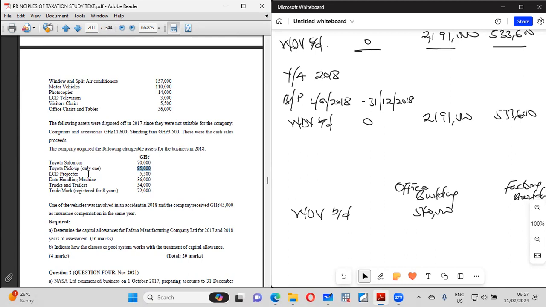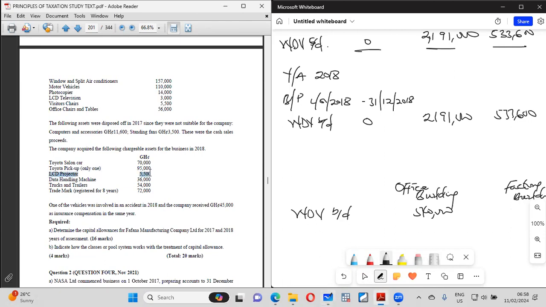So this 95, we will limit it to only 75,000. All right. So when you finish doing your calculation, write some notes. The Toyota was limited to 75,000 as per paragraph 3, subparagraph 4 of the third schedule. So just do that. Write it somewhere in your answer booklet.